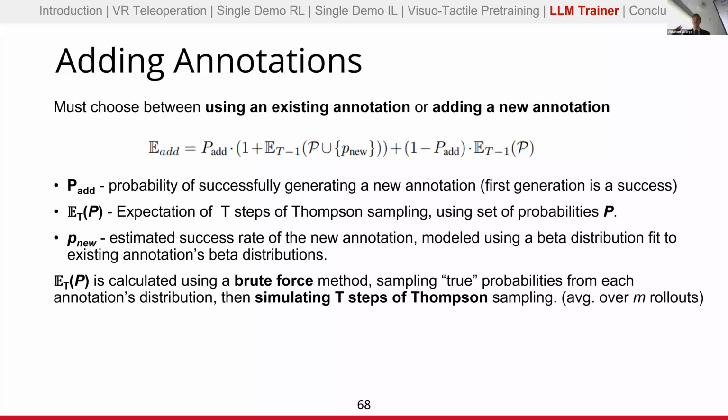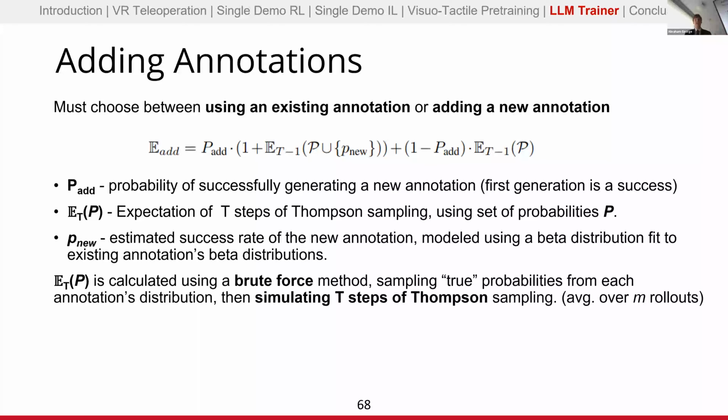So at each time step, we have to choose between using an existing annotation, either exploration or exploitation, or adding a brand new annotation. So to evaluate whether this is a good idea to add a new annotation, we estimate the expected reward of running T samples of Thompson sampling with our current distribution of arms versus a distribution of arms that would include a hypothetical new annotation.